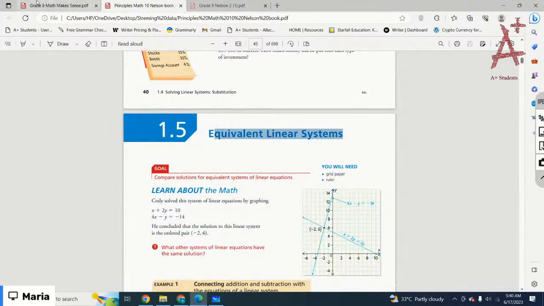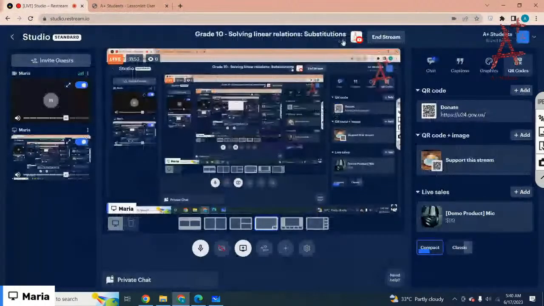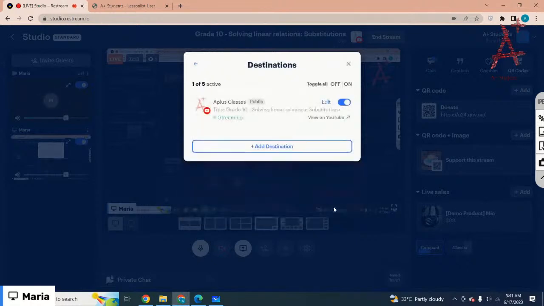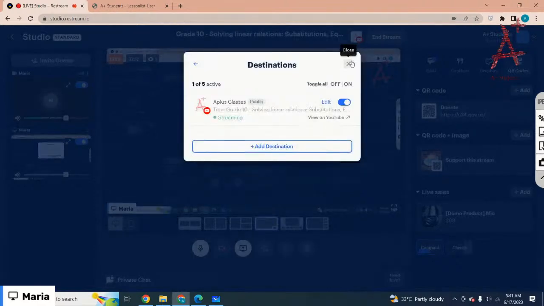They are solving linear relations, substitution, and equivalent linear systems. So please make sure before the next session you do as many practice questions as you can.